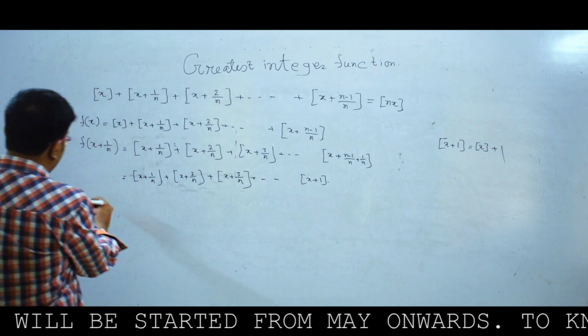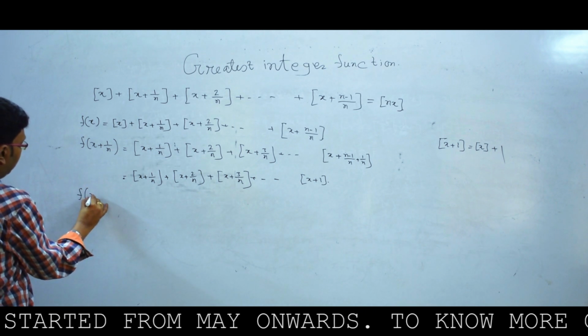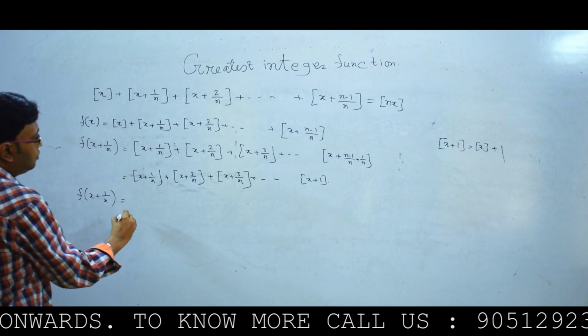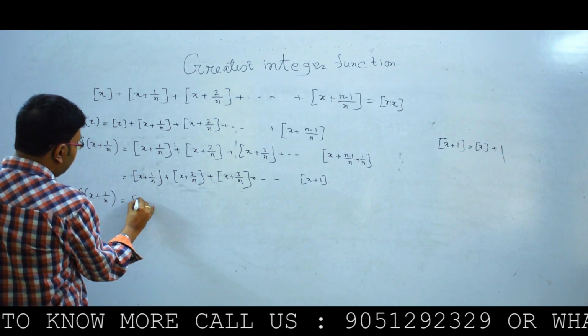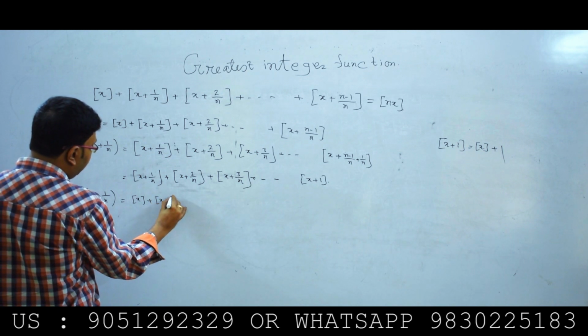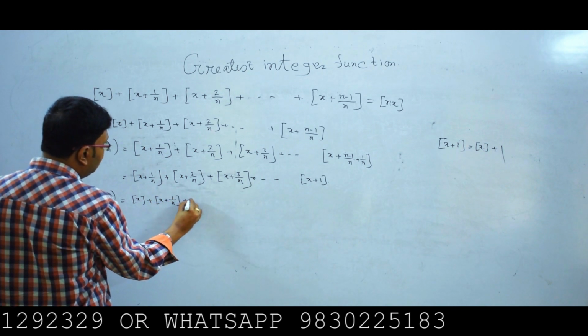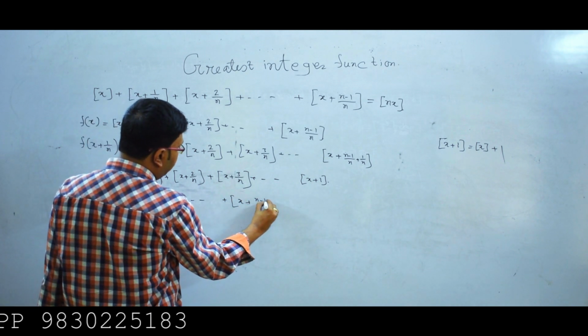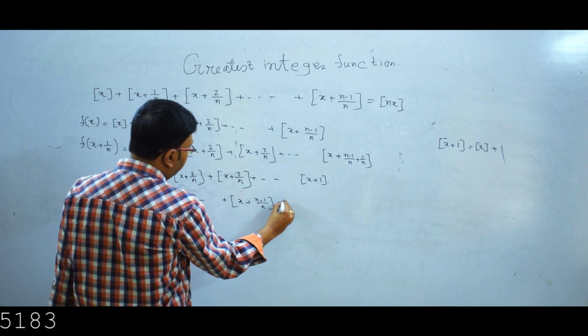Therefore, f(x + 1/n) minus f(x) equals {x} + {x + 1/n} up to {x + (n-1)/n} + 1 minus f(x), which is 1.